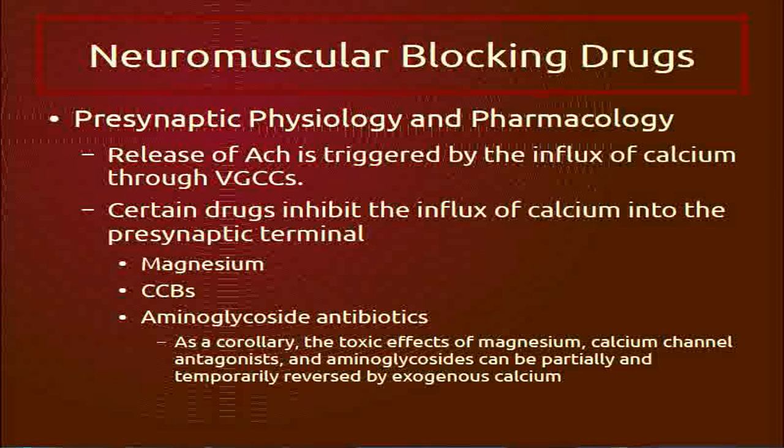So some of the drugs that do this, that interfere with neuromuscular transmission, that you'll have to go over and over again, are magnesium, calcium channel blockers, and aminoglycoside antibiotics. Why? Because they inhibit the functionality of that presynaptic voltage-gated calcium channel.